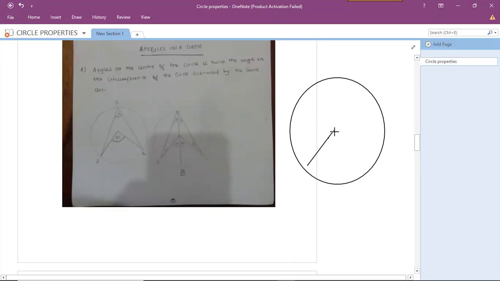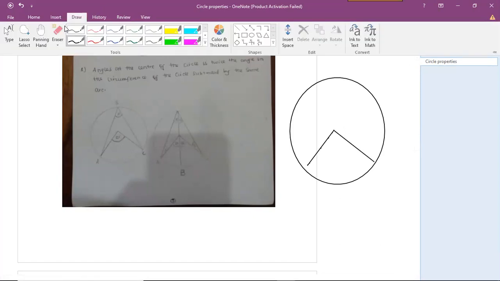Let's draw another line from there all the way to there. And then I want this one to be better.